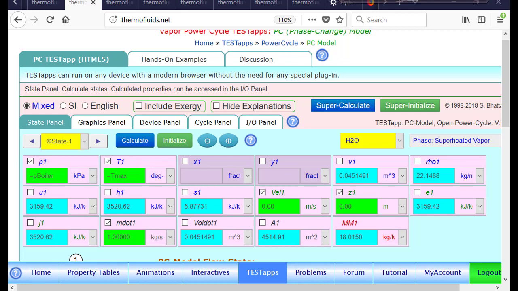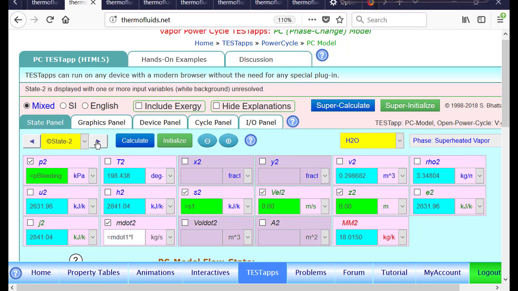So if we now go to state 2, which is an isentropic exit state, the pressure would be the bleeding pressure, and the entropy is equal to that of state 1. But look at the mass flow rate. M dot 2 is F times M dot 1. This white background means m dot 2 is unknown.